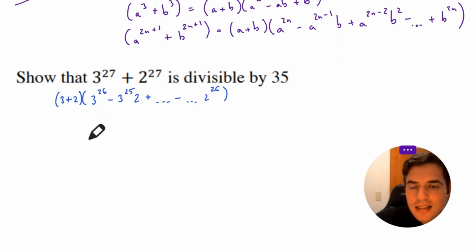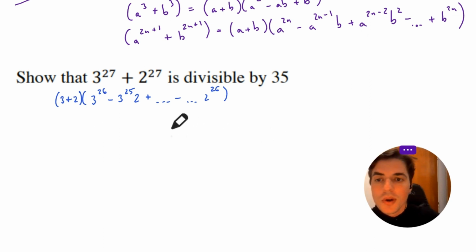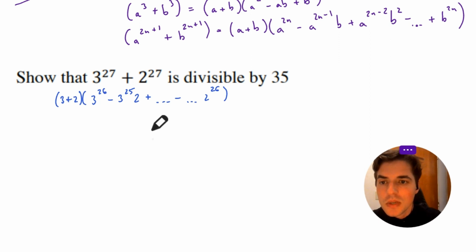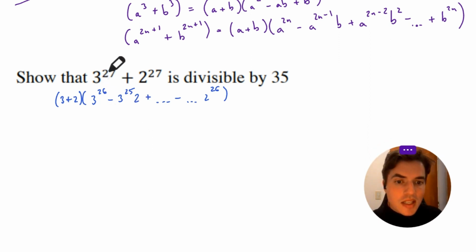But in this case, we're trying to divide it by 35, not by 5. So we can be a little bit more strategic. We could say, well, 27 is odd, but also there are factors of 27 that are odd.